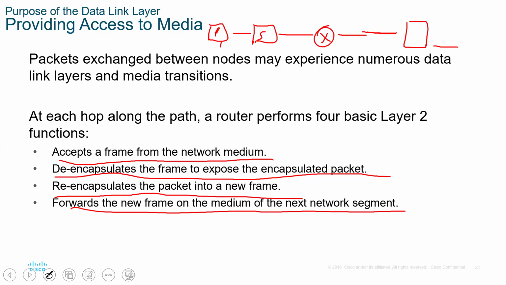So what we are saying here, if this PC sends this message, there will be an encapsulation process that will take place. Once the encapsulation gets to this switch, which is a layer 2 device, there will be a decapsulation, up to layer 2, from layer 1 to layer 2. And then from this side again, there will be another re-encapsulation. The switch is going to re-encapsulate it because it's going to be another frame.